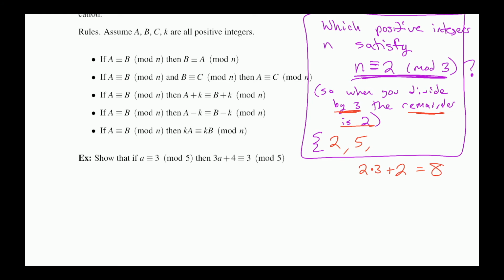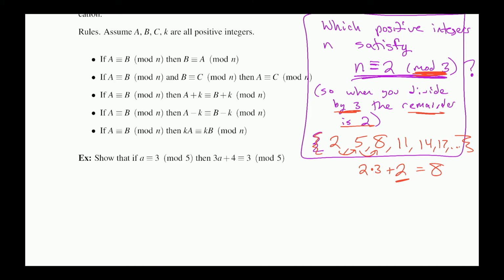So 8 is the next one because 3 goes into 8 two times, and the remainder is 2. All that's happening here is if you're talking mod 3, then you're counting up by 3s. It's really that simple. So 2, 5, 8, 11, 14, 17, ... That's the set we're looking at.